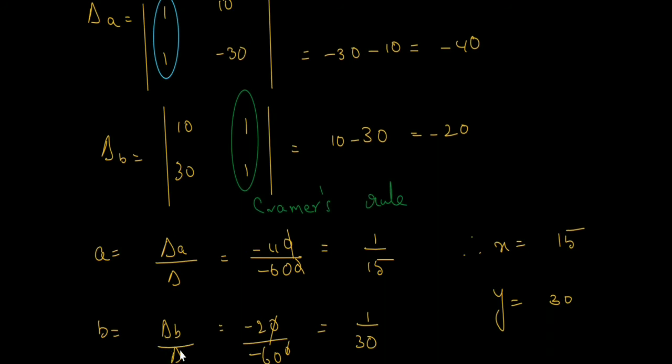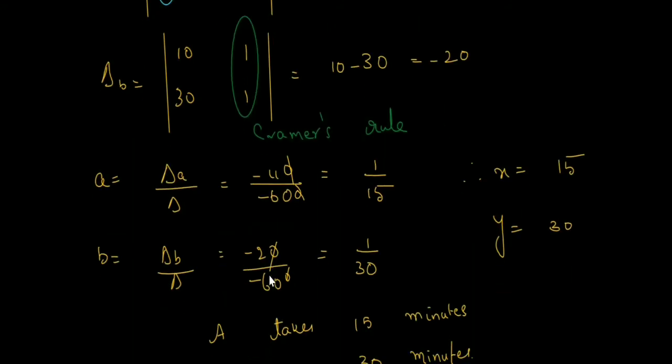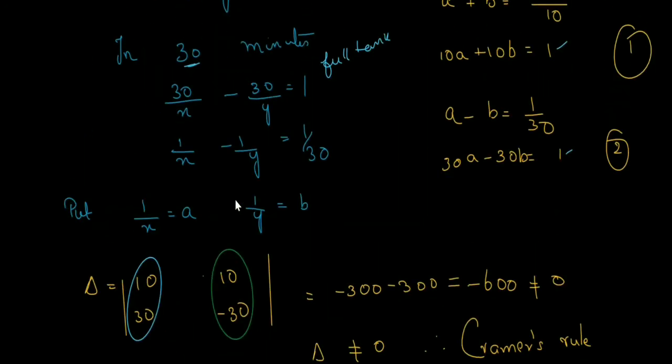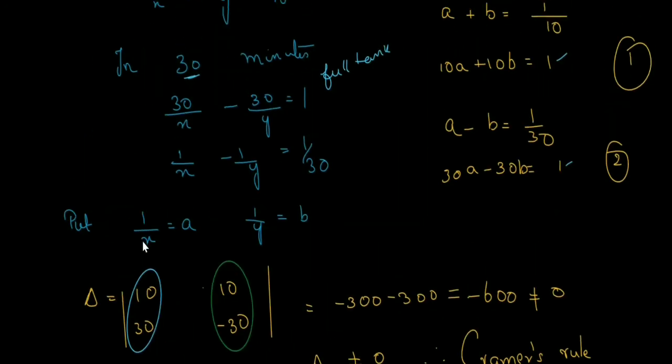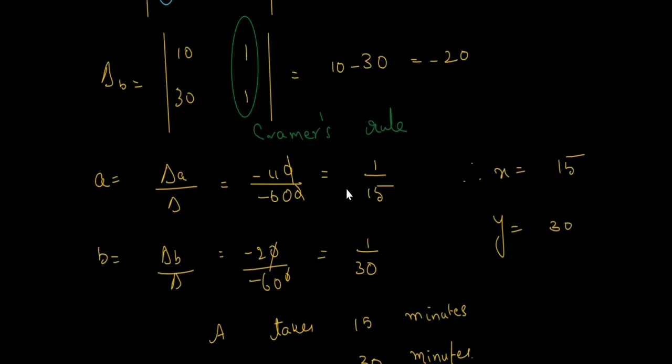B is delta B by delta. Delta B is minus 20 divided by delta, minus 600. So that will give you 1 by 30. Now we have to find X. X is equal to the reciprocal of A, since we have taken 1 by X as A. So X is 1 by A, and Y is 1 by B. That means you get 15 and 30.